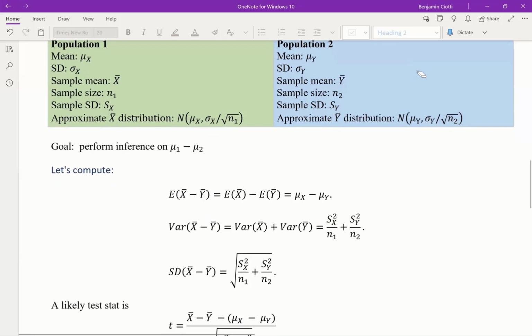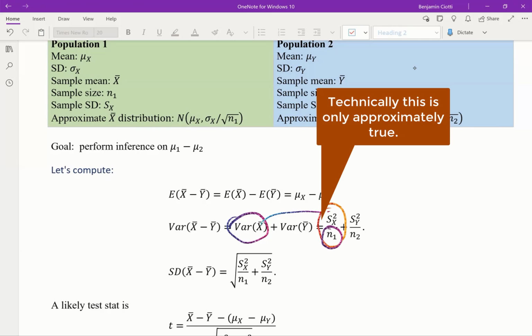How about the variance? Well, the variance of the difference of the sample means, according to our rules for variance, is the sum of the variance of the first sample mean plus the variance of the second sample mean. And as we've seen previously, the variance of the sample mean is given by the sample variance divided by the number of terms in the sample.